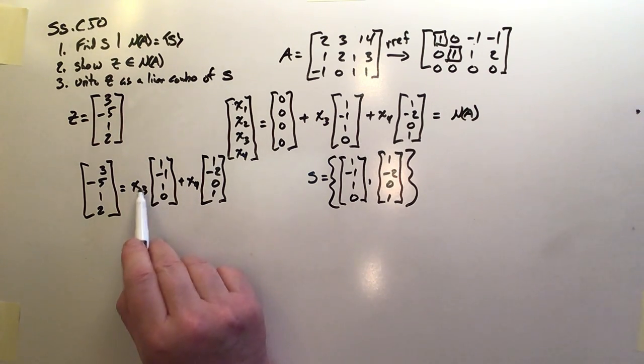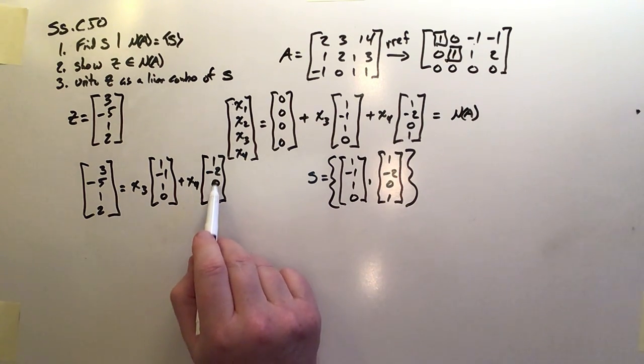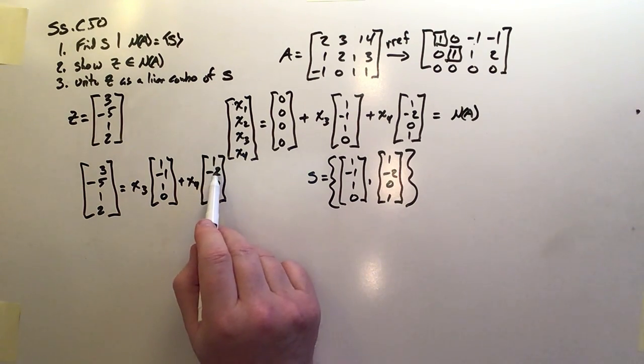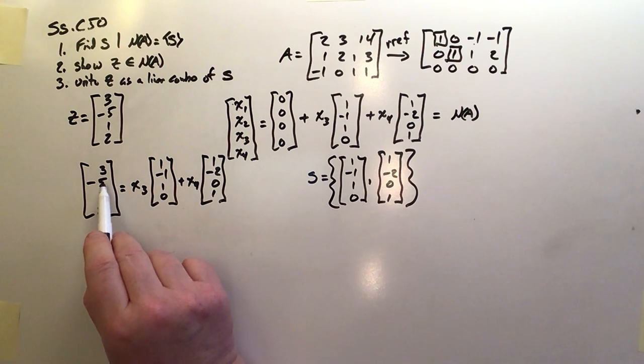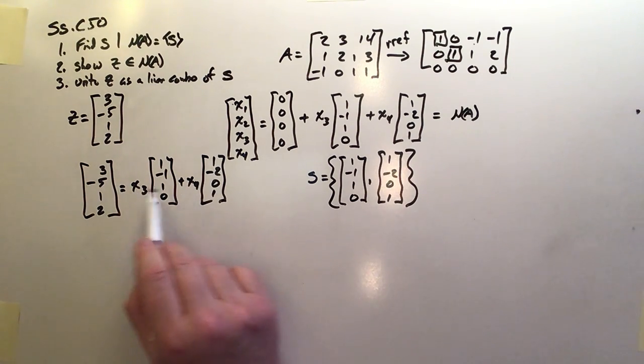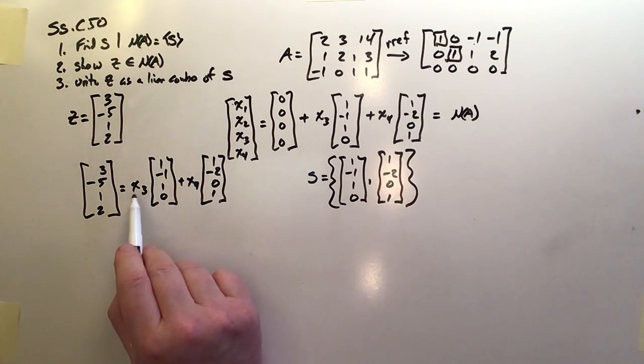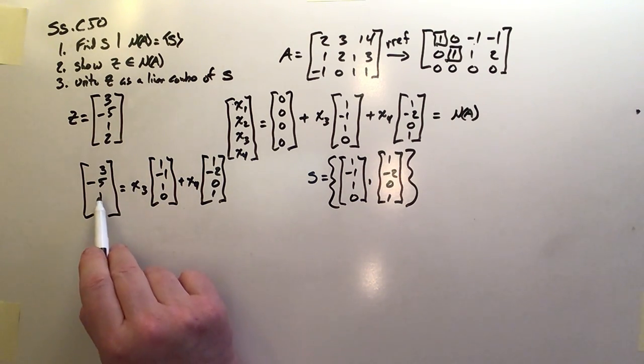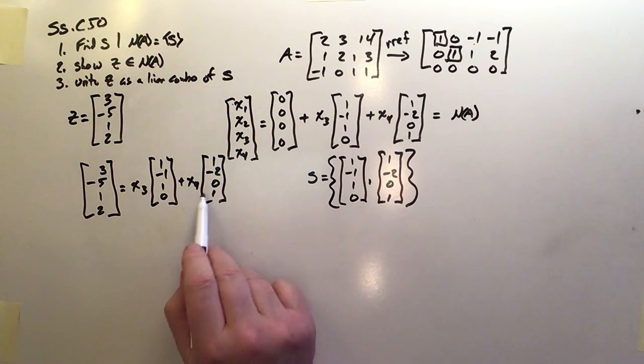And then negative 1 times 1 is negative 1, and negative 2 times 2 is negative 4, so that'd be negative 5. So there it is. x3 and x4 are guaranteed to produce this when x3 is 1 and x4 is 2.